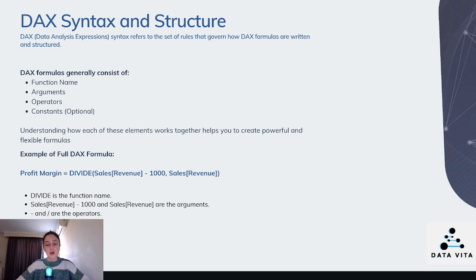For example, profit margin. Profit margin measure formula: DIVIDE(sales revenue minus 1,000, sales revenue). In this formula, DIVIDE is the function name. Sales revenue minus 1,000 and sales revenue are the arguments.